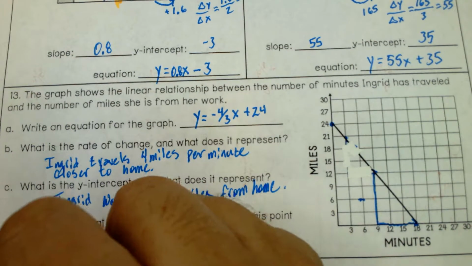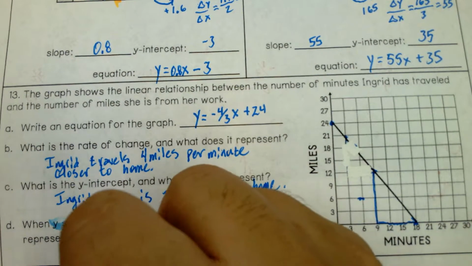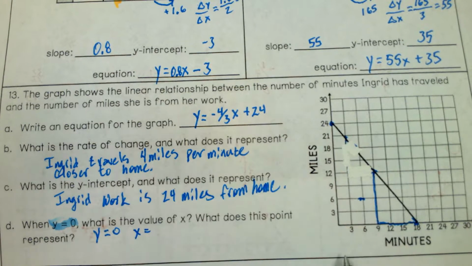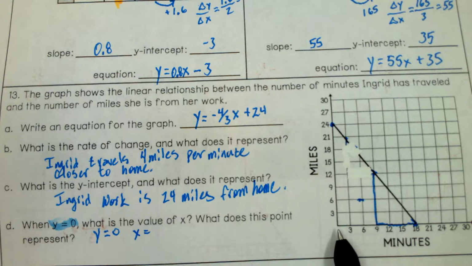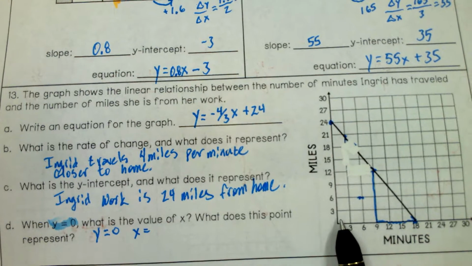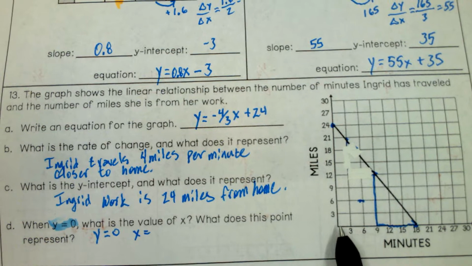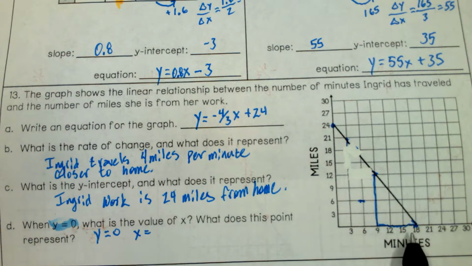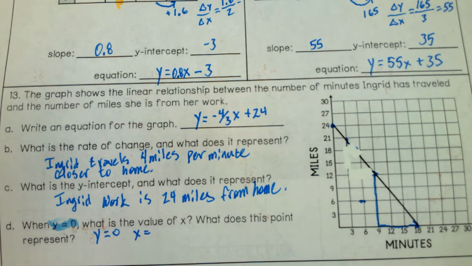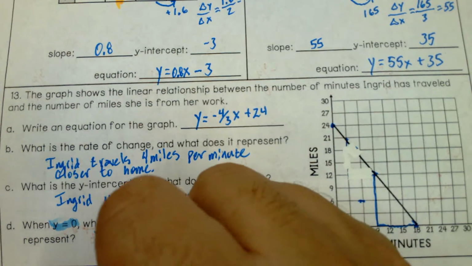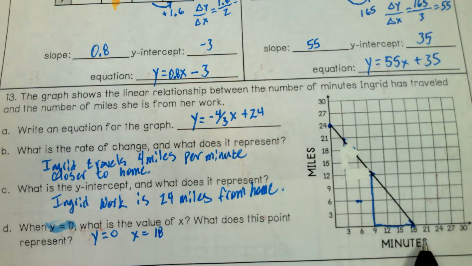y equals 0. When y equals 0, what's x? So when y equals 0 is here, right? Here's 0. Where are we on the x-axis when that happens? 18. And what are we measuring on the x-axis?